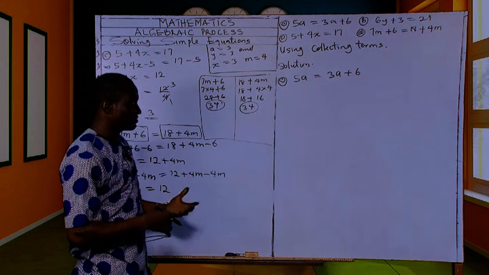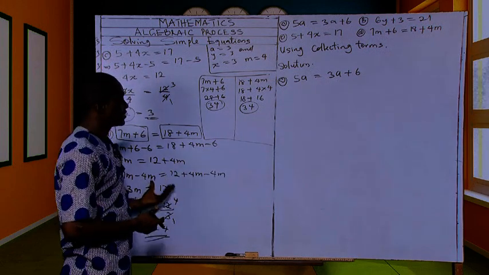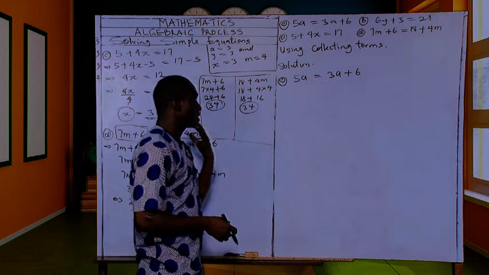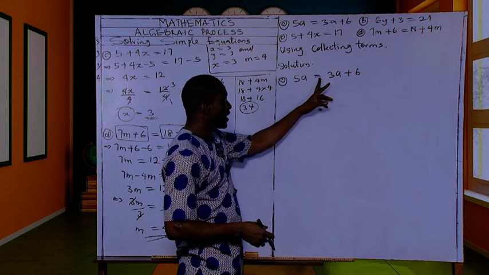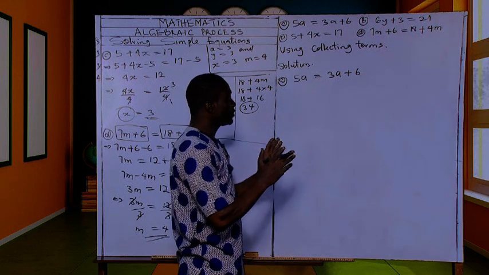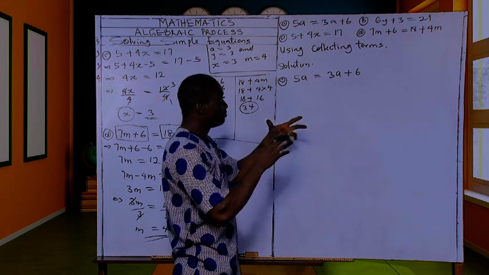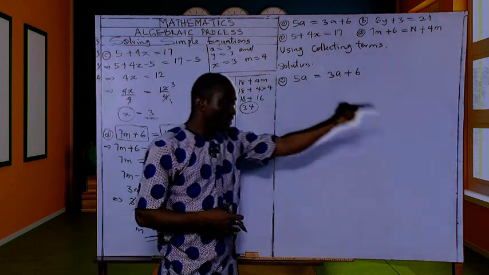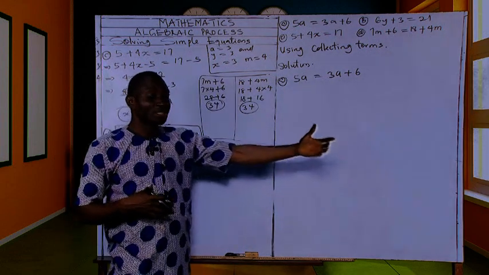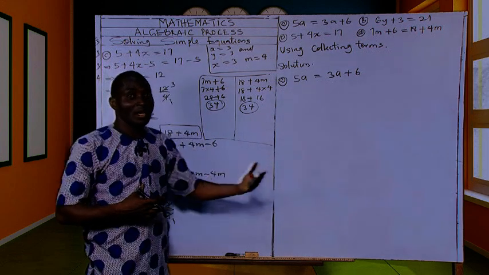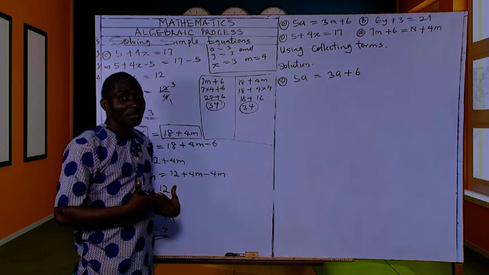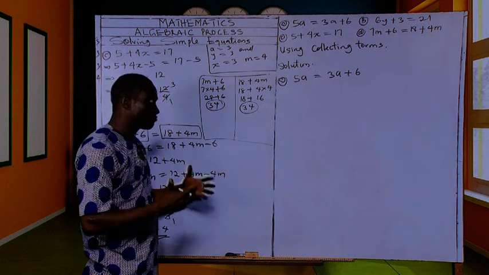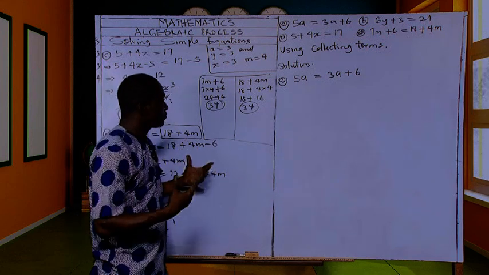This method is faster than the previous method. What you just need to do is look at the equal sign as your bridge. When you are positive in nature and you cross the bridge, you become negative. And if you are negative, crossing the bridge changes you to positive. That is that.